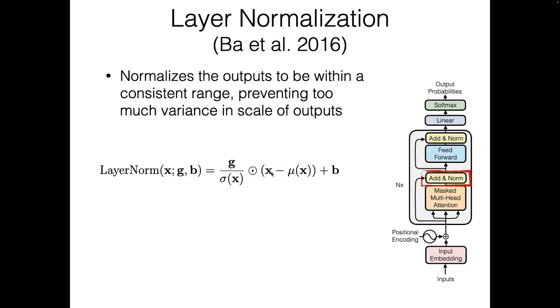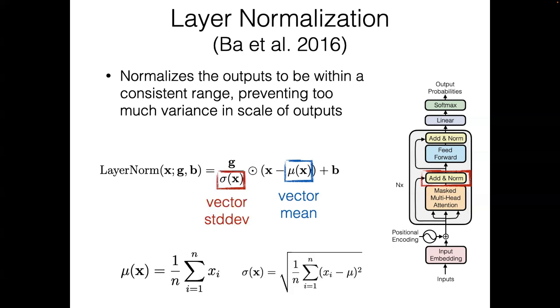What you do is readjust the outputs by taking the mean and the standard deviation and then rescaling the outputs. Here, x would be your current output vector. You take the mean across the dimensions, and then you similarly take the standard deviation.